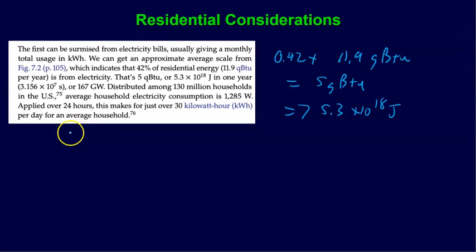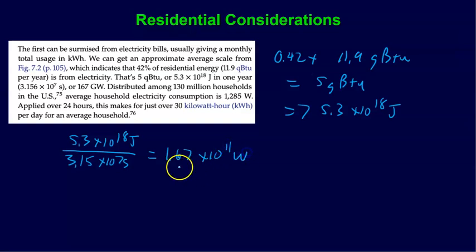Then we take this number and divide by the total number of seconds in a year, which is 3.15 times 10 to the 7 seconds. And we get a huge number, 1.67 times 10 to the 11 watts. This is the power that we're using here in our country.